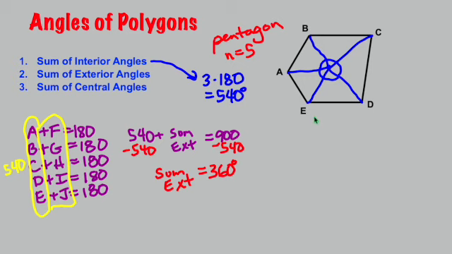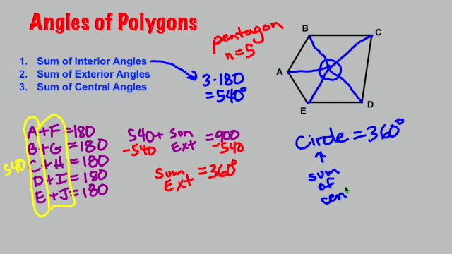And in fact, it doesn't matter what kind of polygon you have in terms of number of sides, they're always going to make a circle in the middle. And as we know, a circle has 360 degrees in it. So therefore, if you're talking about the sum of the central angles, it is exactly the same as a circle, which is 360 degrees.